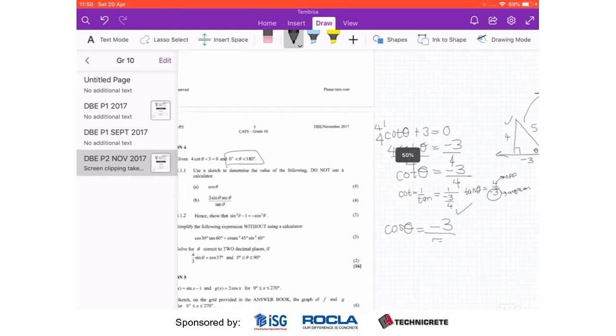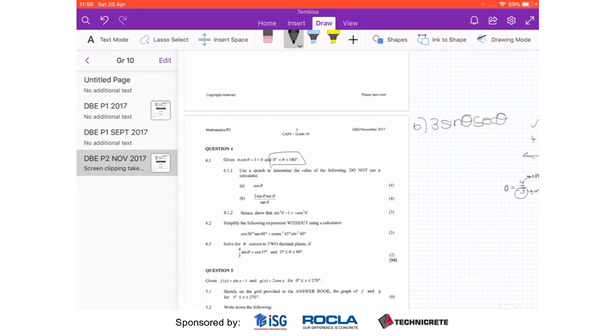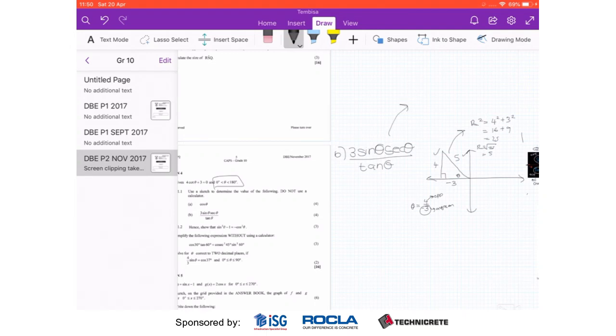B wants us to find 3 sine theta sec theta over tan theta. Let's revise firstly what is sec. What do you remember sec to be? Sec is 1 over cos. So let's just remember that.